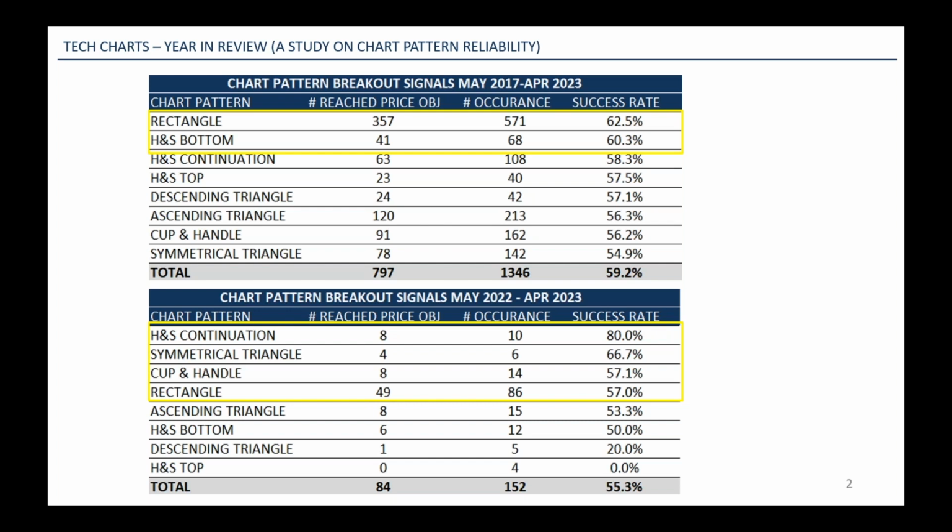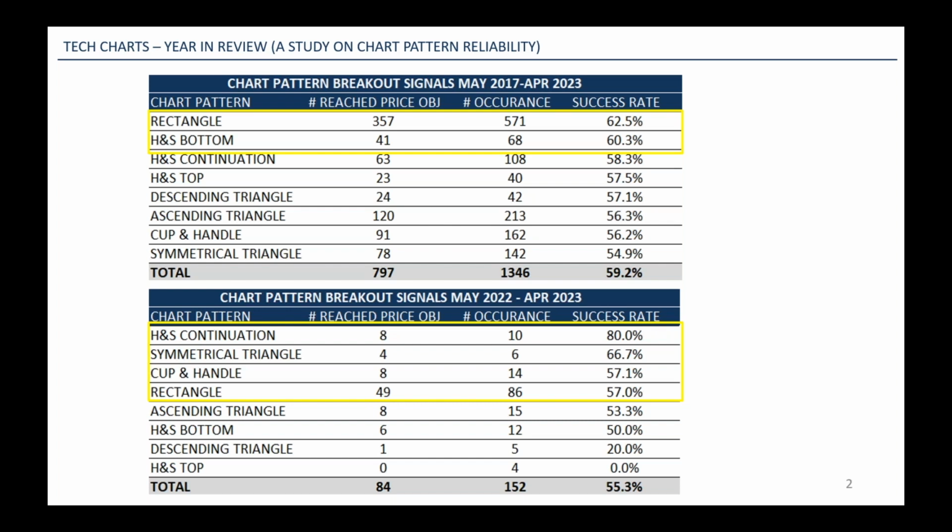Now, if you look at those percentage success rates, we would like to focus on those that have beaten the average, which is the top 2, plus slightly around that number, head and shoulder continuation can be as well, around the average with 58.3%. So you can see that the head and shoulder varieties and the rectangle are the best performing chart patterns.